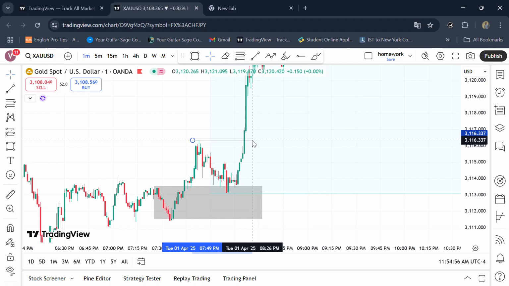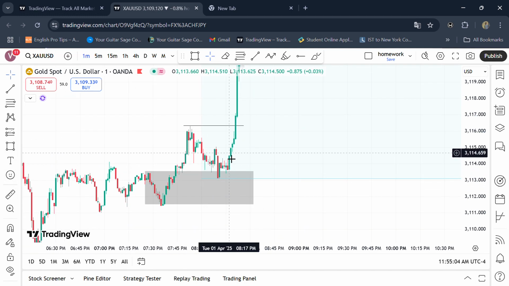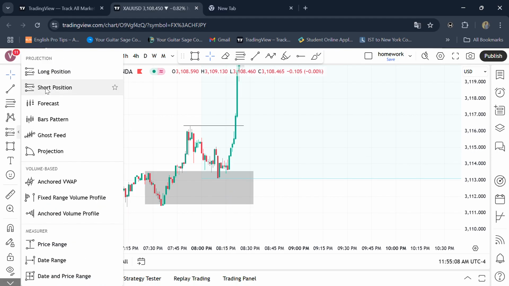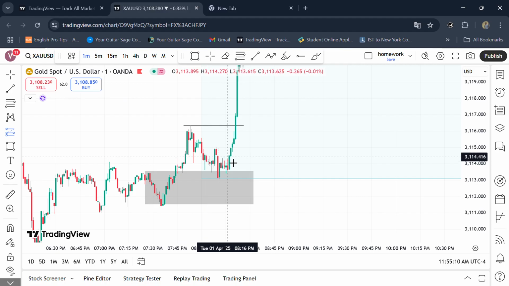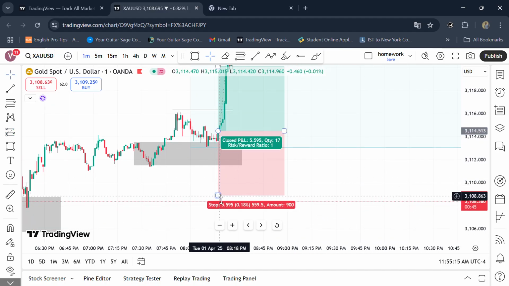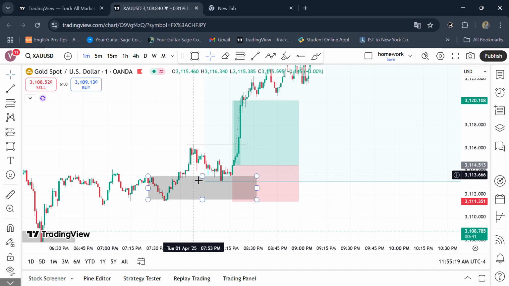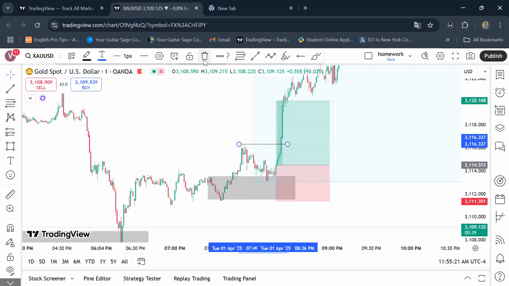So you could have waited till here, or you could have entered on the first green candle itself as well. If you would have entered here on the first green candle, you had nothing much to lose, because see, I'll show the scenario. The stop loss is very minimum, right? I'll remove this.